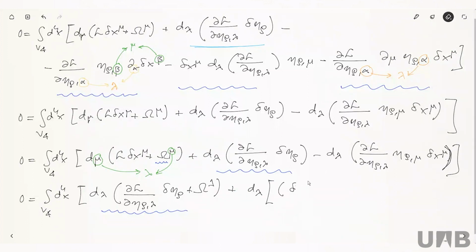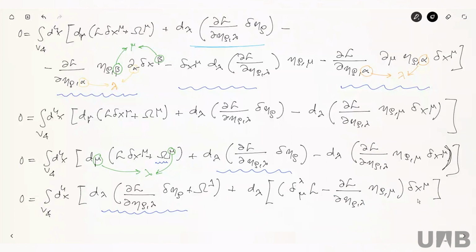So let me write it down, and then we'll check that what I'm saying is actually true. Delta lambda mu times L minus dL d eta rho comma lambda eta rho comma mu delta x mu, like this, okay? And this whole thing needs another parenthesis. So I'm putting these two guys together, and this other term I put in here.